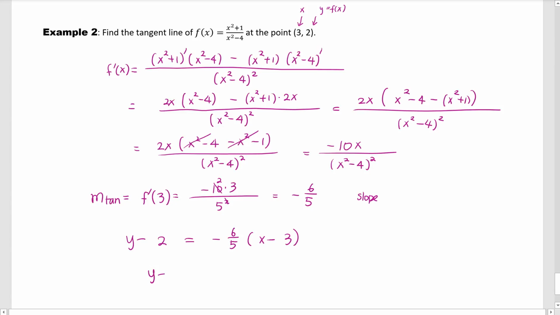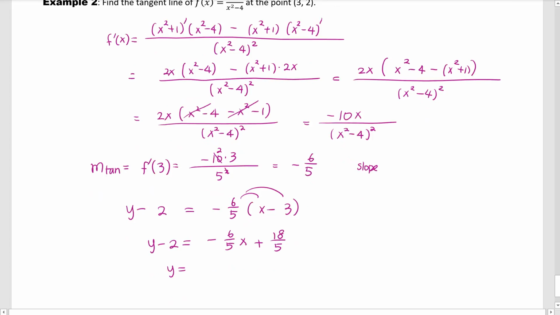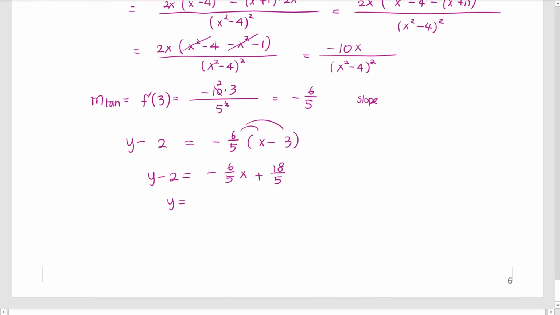Alright, so we have y minus 2 equals, distributing, −6/5 x plus 6 times 3, 18/5. And then y equals −6/5 x. When we add 2 on both sides, we get 28/5. So this is the tangent line.